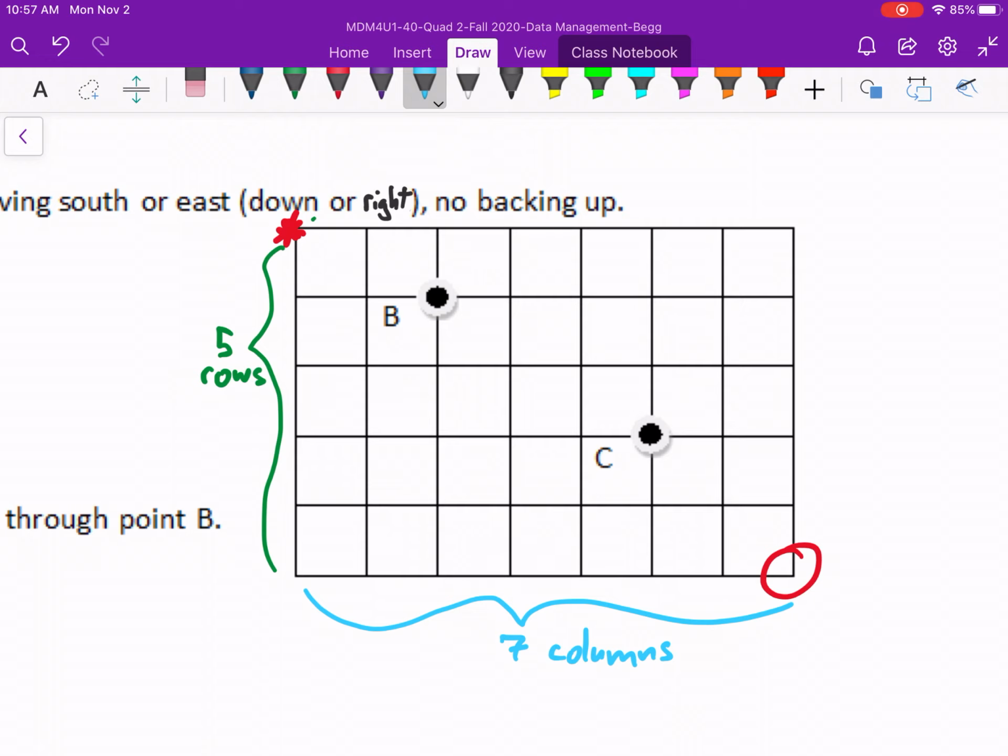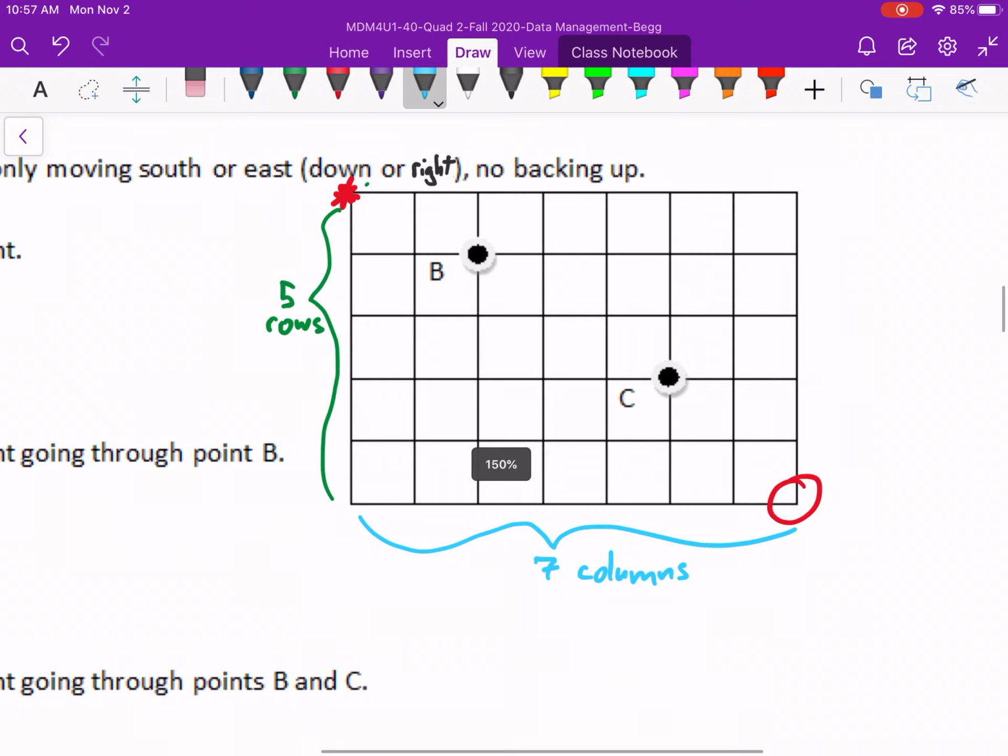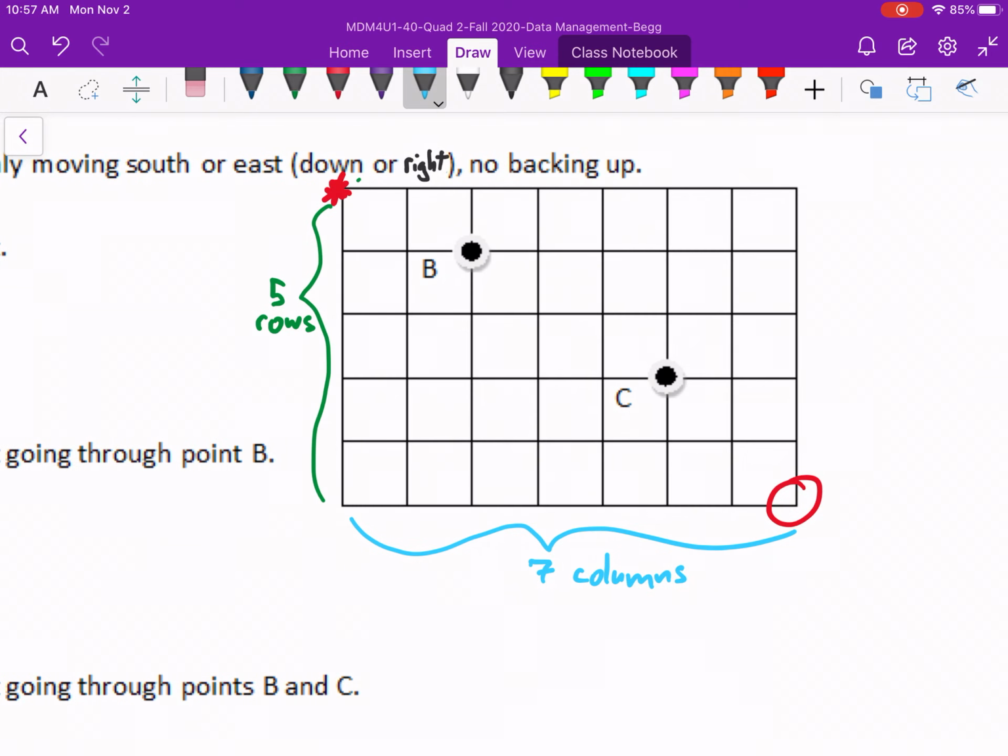And we've got these grids, this block. So we want to start where the asterisk is in the top left, and we want to end up where the circle is at the bottom right. If I have to go down 5 blocks one way or another, and 7 blocks to the right, to the east, then we have to cover 12 blocks. Now, there's all kinds of different ways we could go. I could go like this, which is one possible way, but it's certainly not the only way.